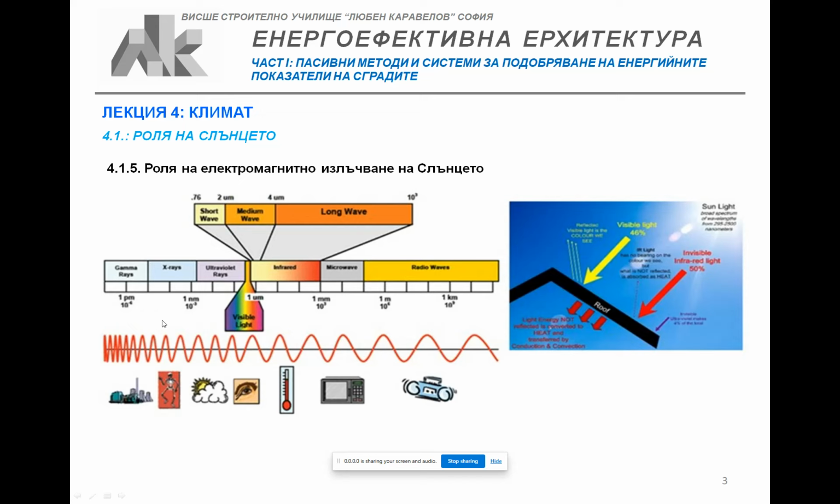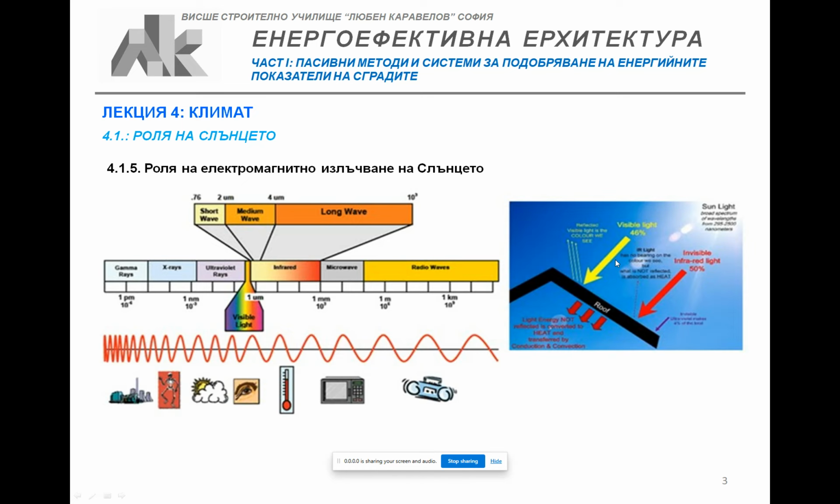From the overall radiation of the Sun, what we can accept with our visual sense is called visible light, and it's a very small amount of the overall sunlight radiation. Then after the visible light come ultraviolet rays, which are short wave, medium wave, and long wave ultraviolet, then microwave and radio wave.